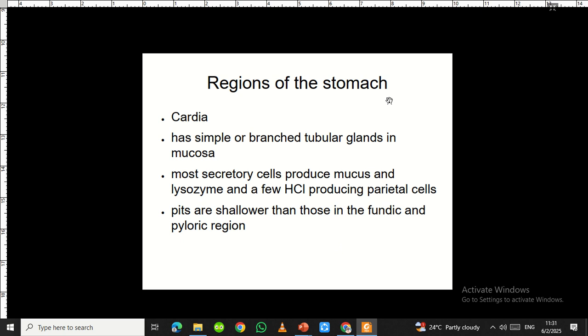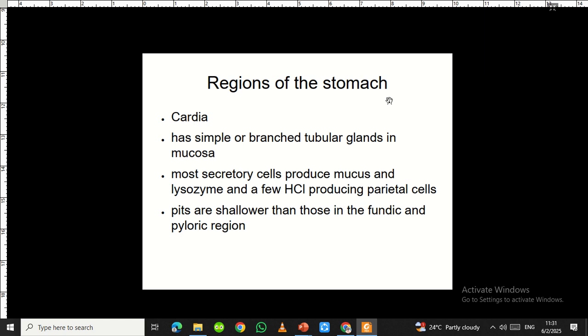The cardia. So the cardia has simple tubular deep glands in the mucosa. And these glands are responsible for secreting mucus, enzymes, lysozymes, and you can also find a few parietal cells.